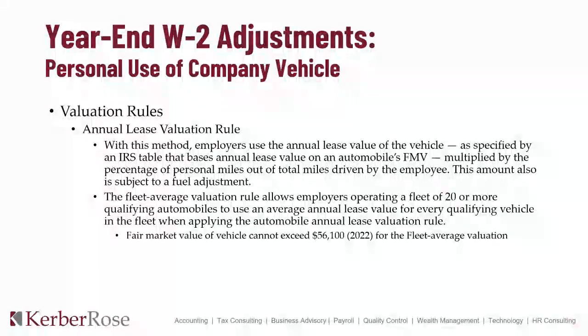Basically, you find the annual lease value and multiply it by the percentage of personal miles versus total miles driven by the employee. You can also adjust this for the fuel adjustment of 5.5 cents, depending on who's paying for the fuel.